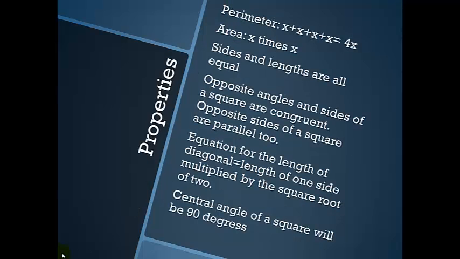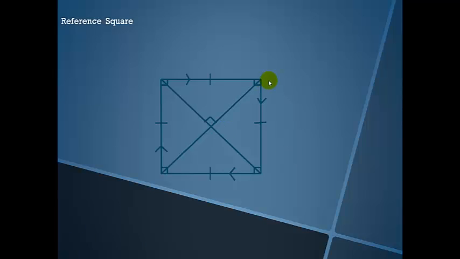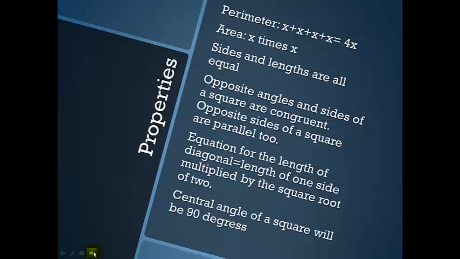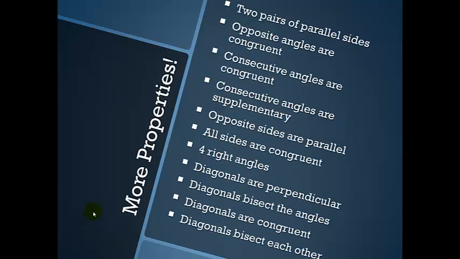Let's load. There we go. They bisect each other, proving this awesomely drawn line. They're both congruent. Yep, those are the characteristics of a square.